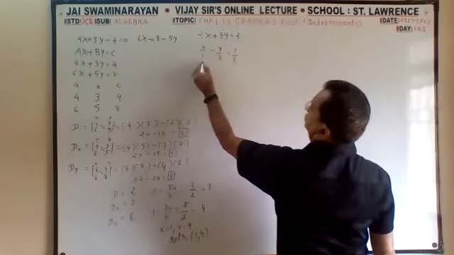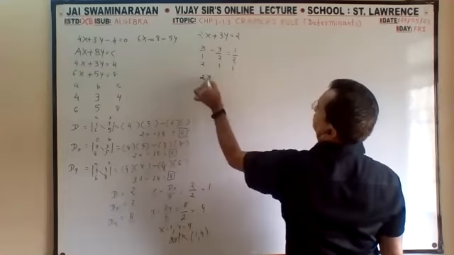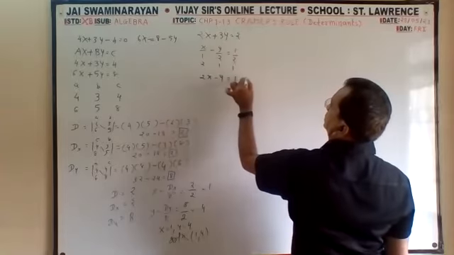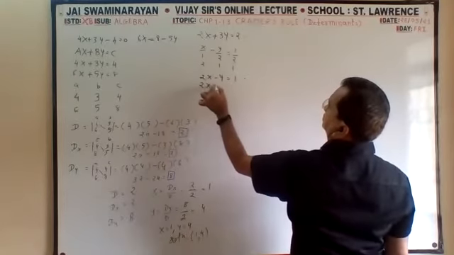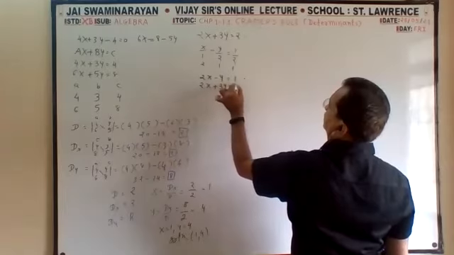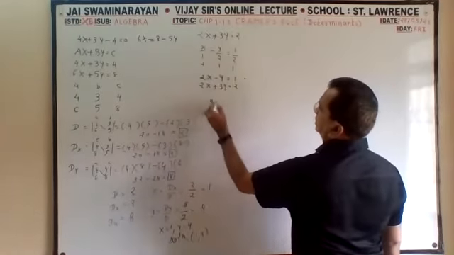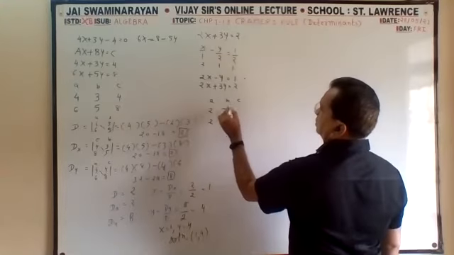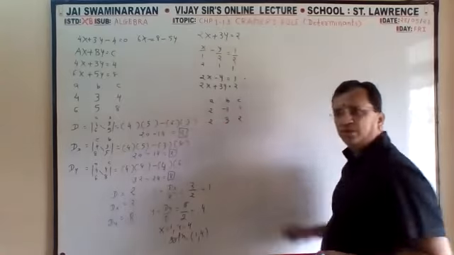LCM 2, so 2x minus y is 1. This is the first equation. Second equation is this. Anyone you can take first or anyone you can take second. Now your A, B and C are 2, 2. Nothing is given, so minus 1, 3, 1, 2.